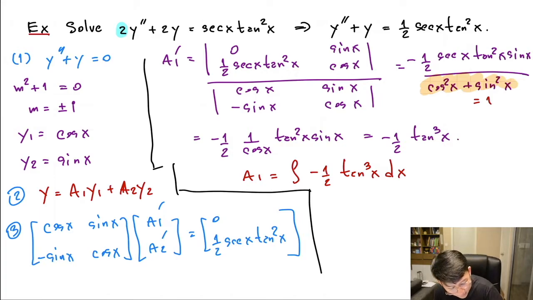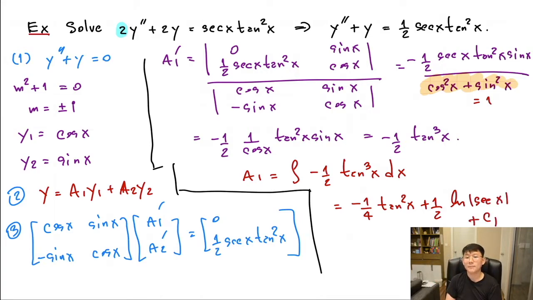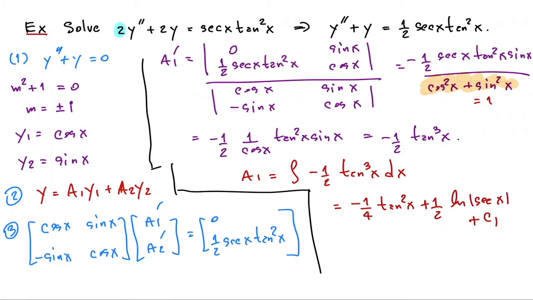The answer is minus 1/4 of tan squared x plus 1/2 of log of sec x plus c1. I'm just going to show you the solution.